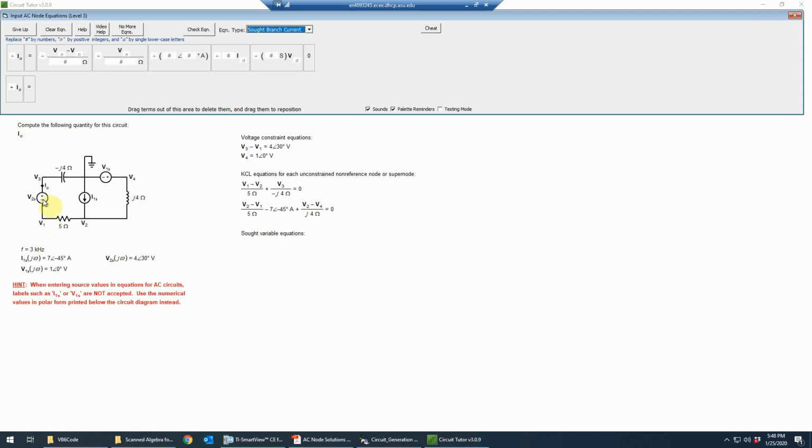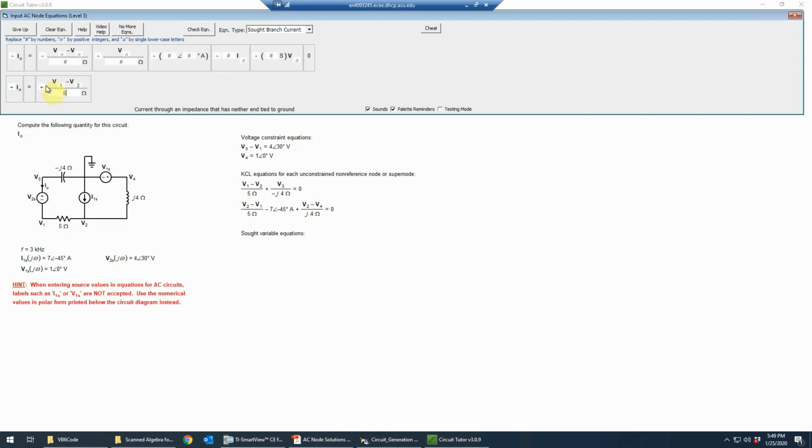However, in this case, we see this voltage source is actually in series with two different elements, a capacitor and a resistor, and so we can simply use one of those elements to determine the current instead. So for example, I could write this as V1 minus V2 divided by 5 ohms. So again, I'm choosing a sign convention such that V1 minus V2 with a positive sign corresponds to a current going into the positive side, the V1 side, and therefore that will be in the same direction as the defined direction of I naught.